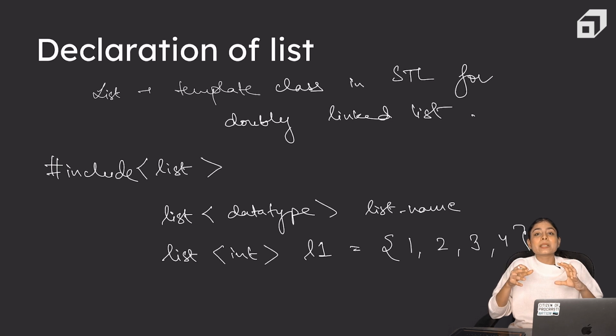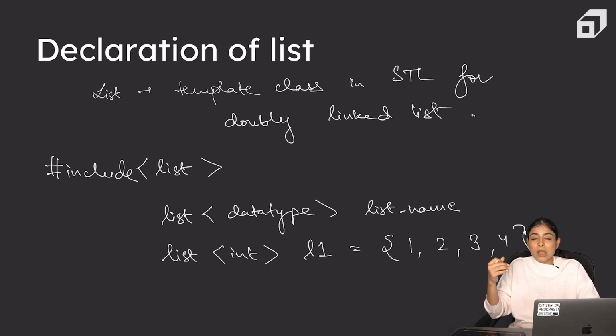And number two, when you're going for DSA interviews, the interviewer might ask you to actually implement the doubly linked list and not just use the list present in C++ STL. So you should know the implementation of singly linked list, doubly linked list, and all of the operations.